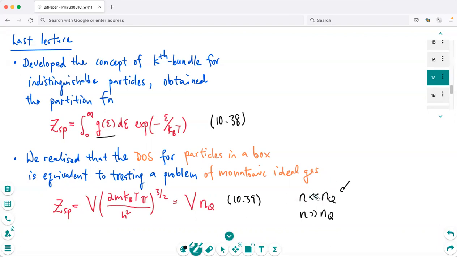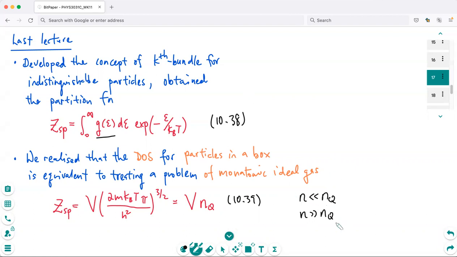Then I will enter the case when I have to do proper quantum statistics. And this is coming up so soon that probably just before or after the break today, you are going to see quantum statistics.